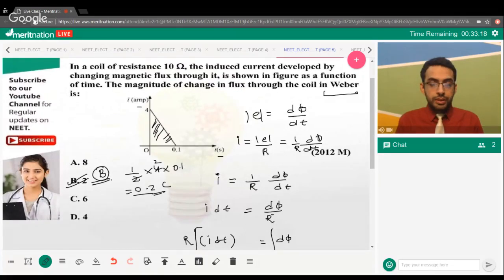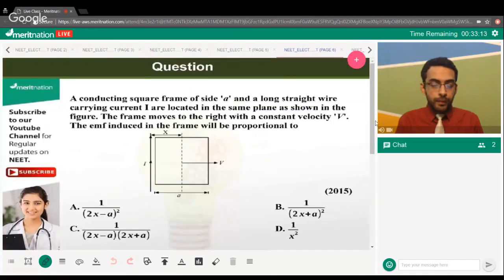Let's move to the next question. A conducting square frame of side A and a long straight wire carrying current I. According to the question, long straight wire means it's an infinitely long straight wire, located in the same plane as shown in the figure.